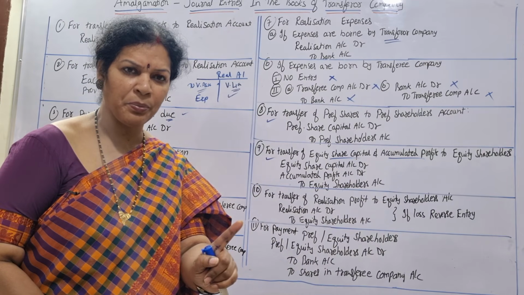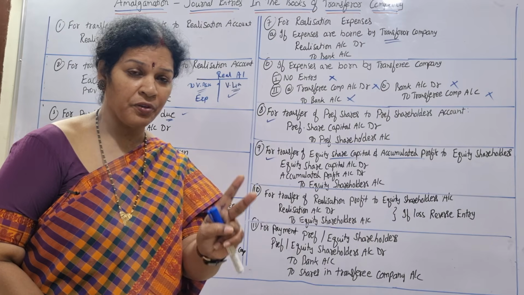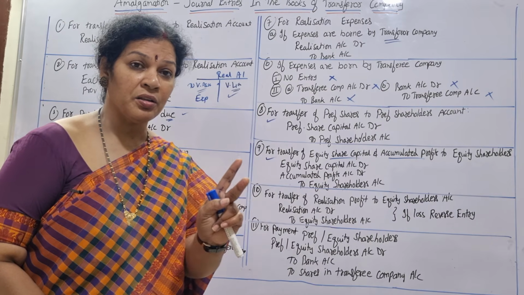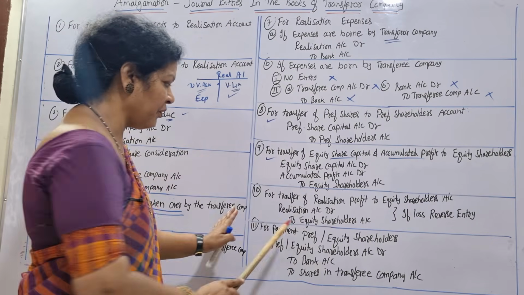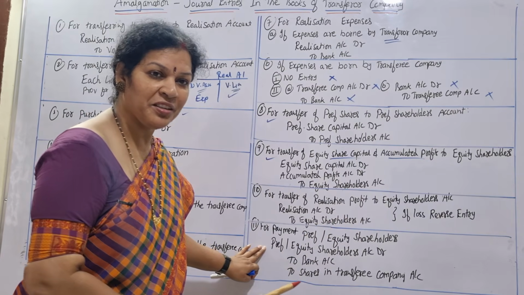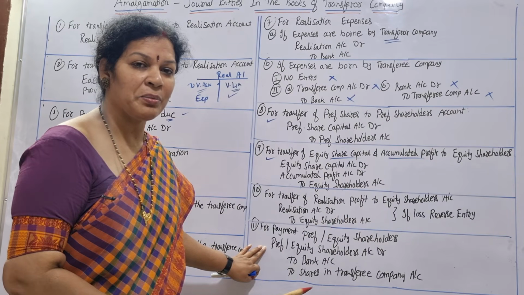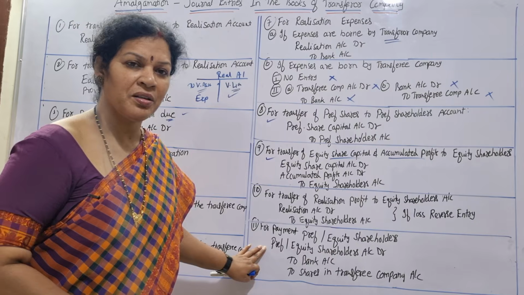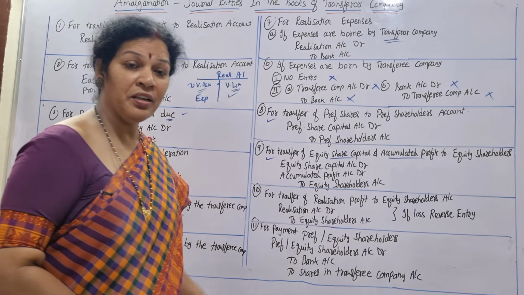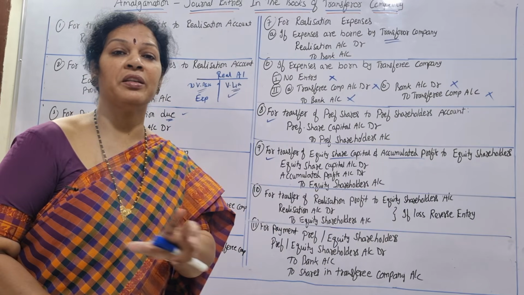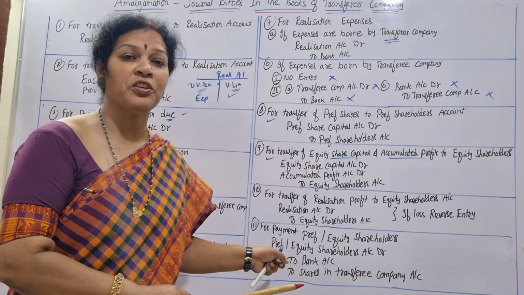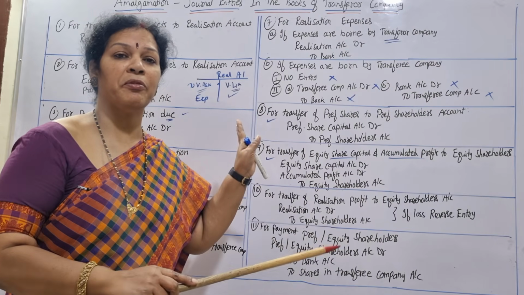If you are making payment to preference shareholders or to equity shareholders, they are receiving, right? Preference shareholders are receiving, means debit the receiver. So we debit whoever is receiving. If preference shareholders are receiving, debit the preference shareholders account.